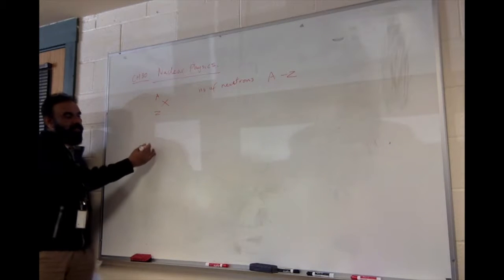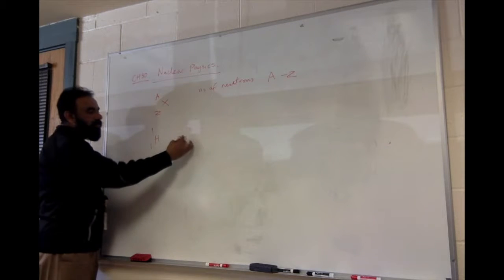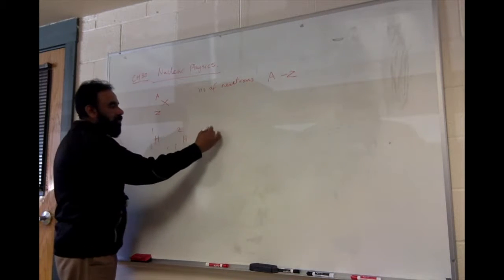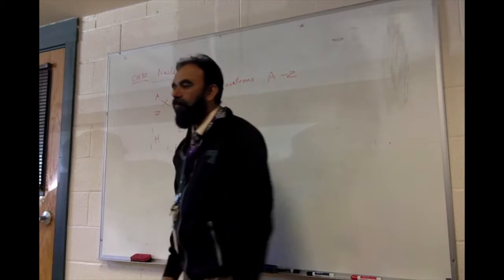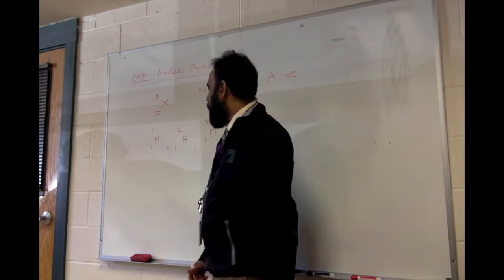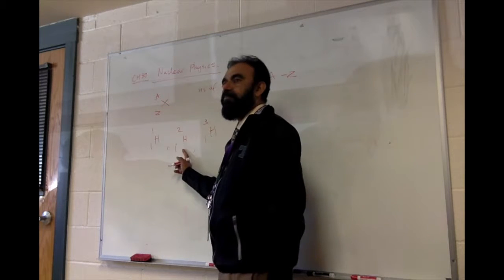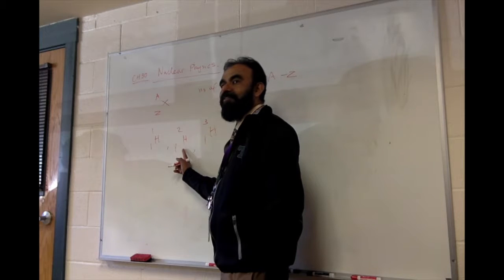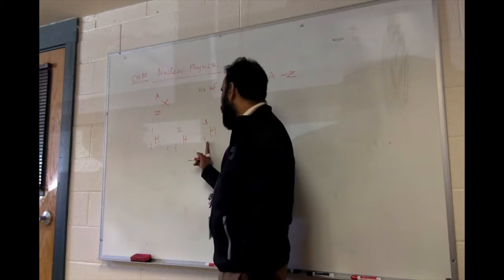And some of the common isotopes of hydrogen are this. These are the isotopes of hydrogen. This is called hydrogen. What's the name of this? It's not called hydrogen. The third is like tritium. That's tritium.